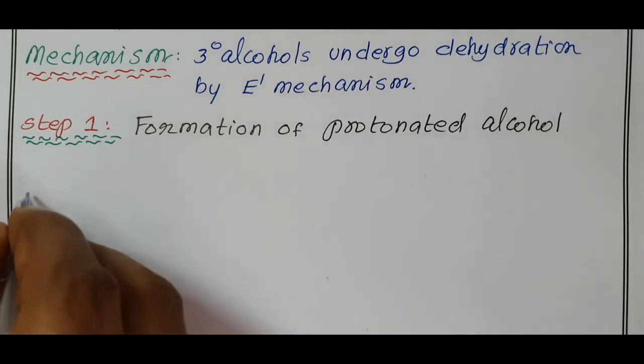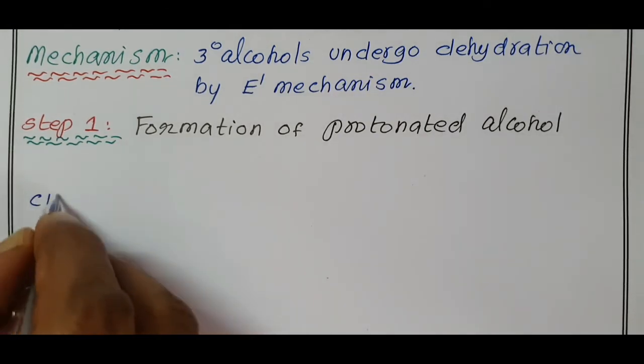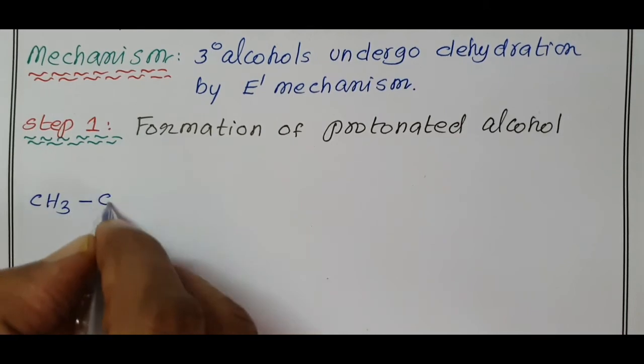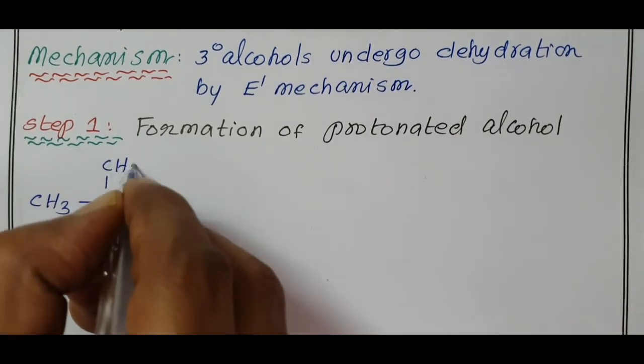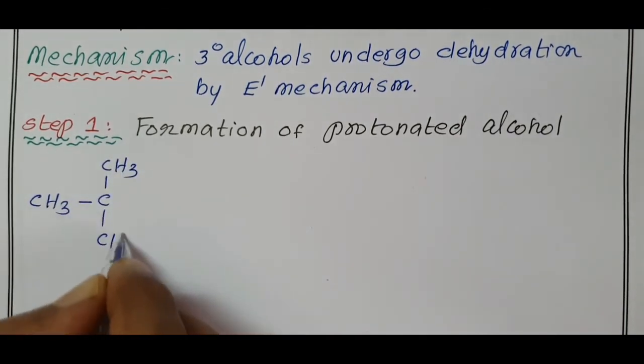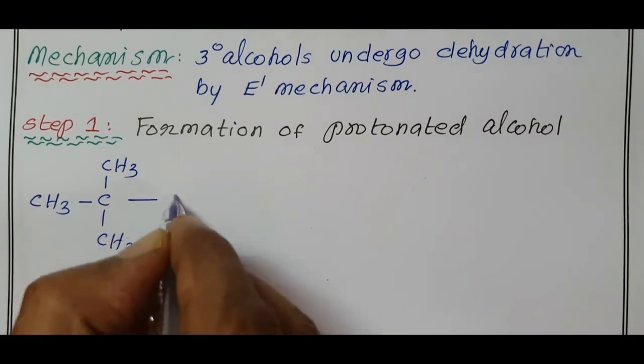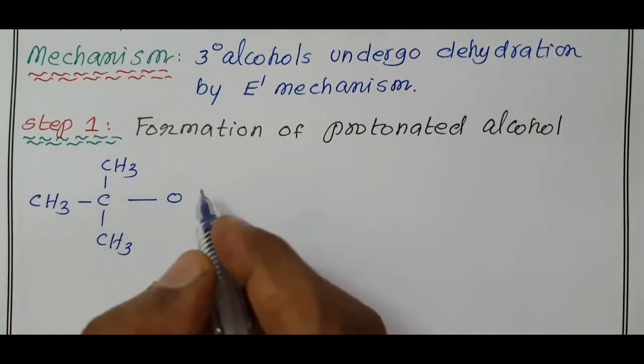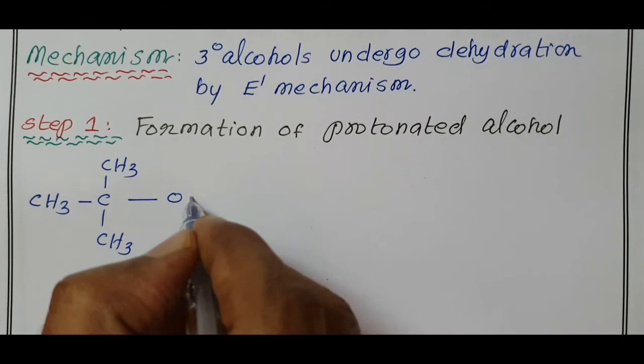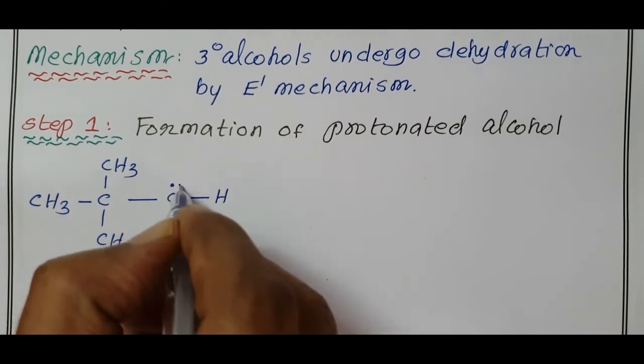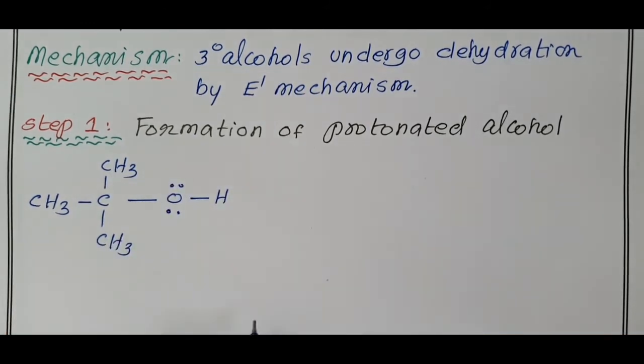Tertiary butyl alcohol, CH3, C, CH3, CH3, OH. The functional group of alcohol is OH. Now, we know there are two pairs of electrons on oxygen.